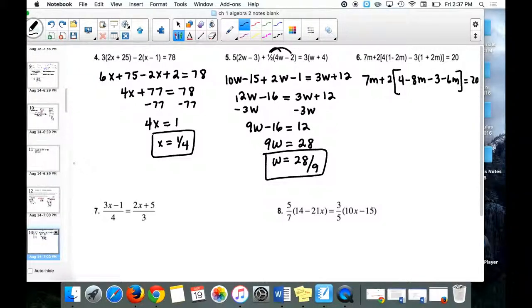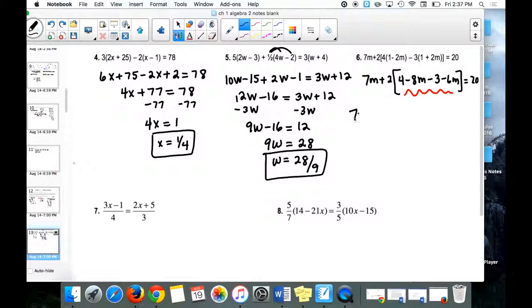All right, so your first step, when you simplify the inner parentheses, you should have 4 minus 8m minus 3 minus 6m inside there. Do we all have that part? I know I didn't leave much room, did I? All right, so now we're going to simplify what's inside the parentheses. If you didn't do that, that's fine. Some of you guys probably distributed the 2. That's totally fine.